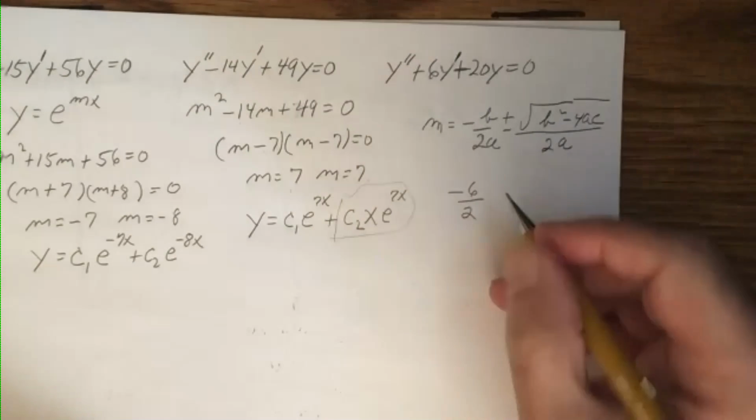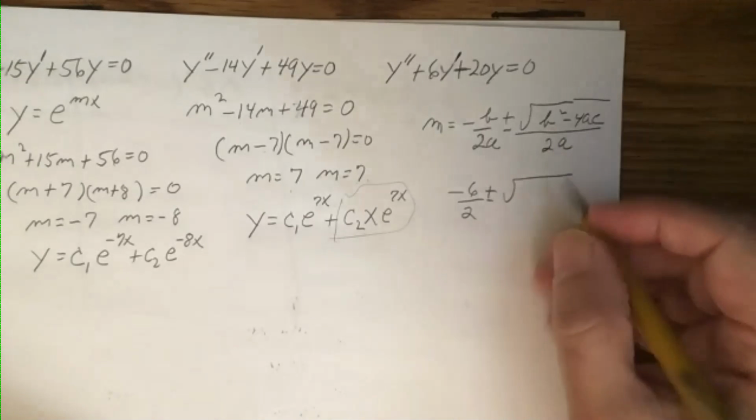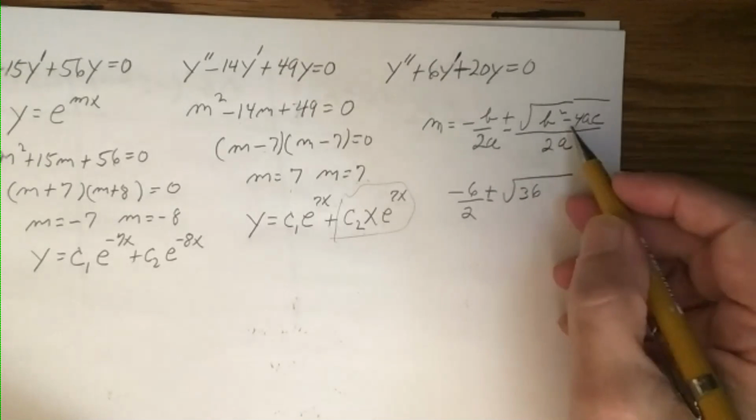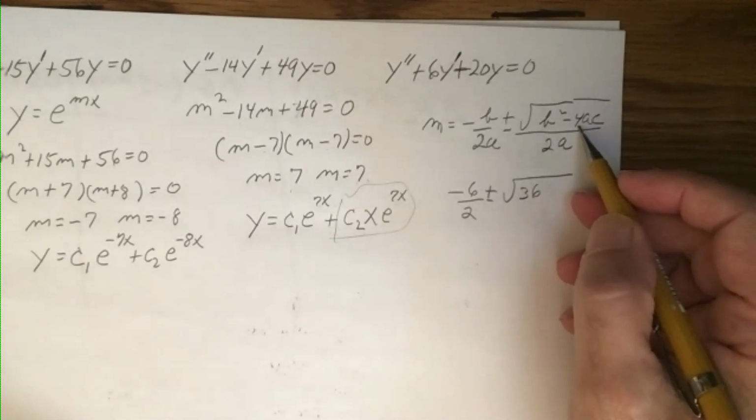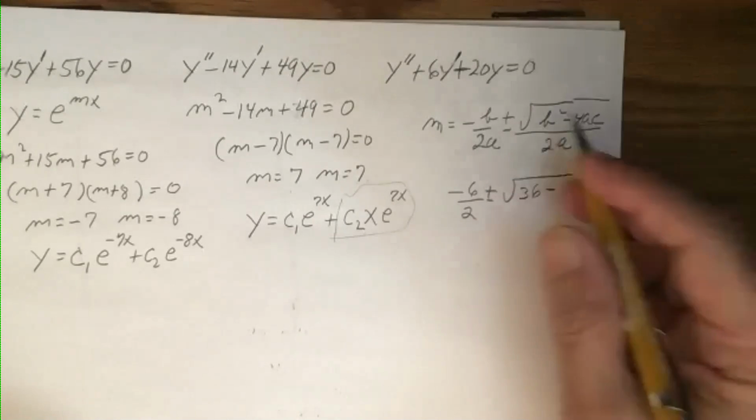A is equal to 1, minus 6 divided by 2, plus or minus the square root, and this is going to be 36 minus 80, right?